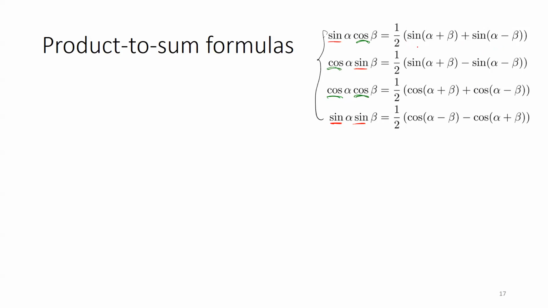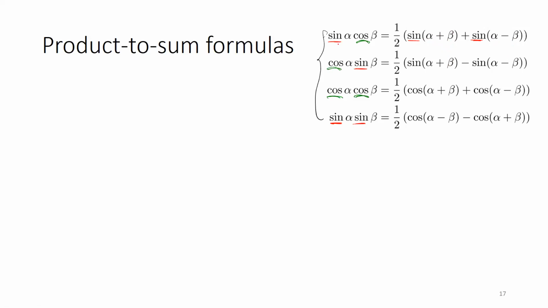And again, we can stare a bit at the structure. Sine alpha cosine beta gives me sine plus sine. And what do you have as the argument? Well, in each case, you have something alpha plus beta and something alpha minus beta.